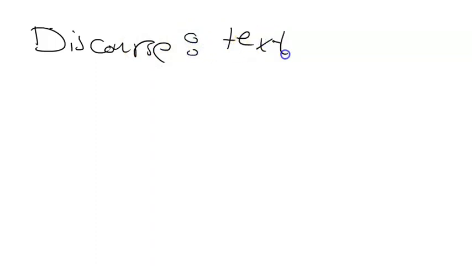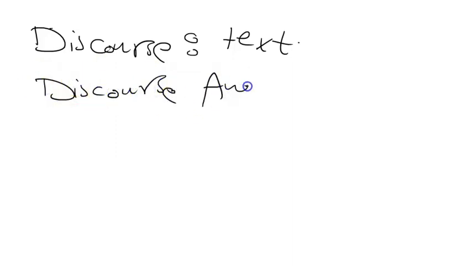First we have to go through the meaning of discourse. Simply, I will say that discourse means the text itself. And once we say discourse analysis, we mean the explanation of the text. Now, in this field, we have to go through some expressions.